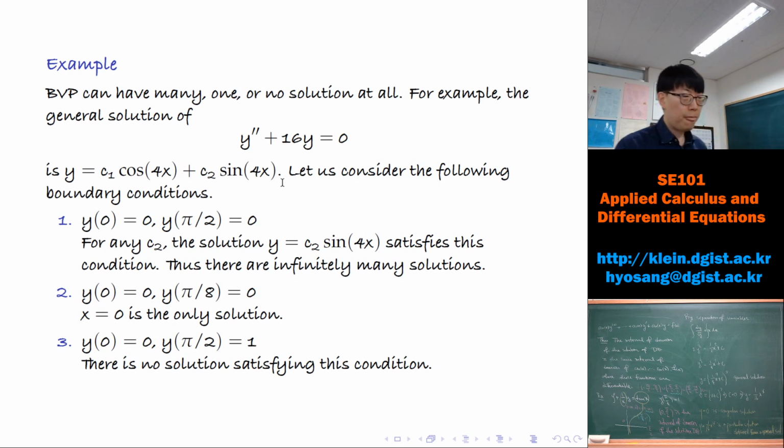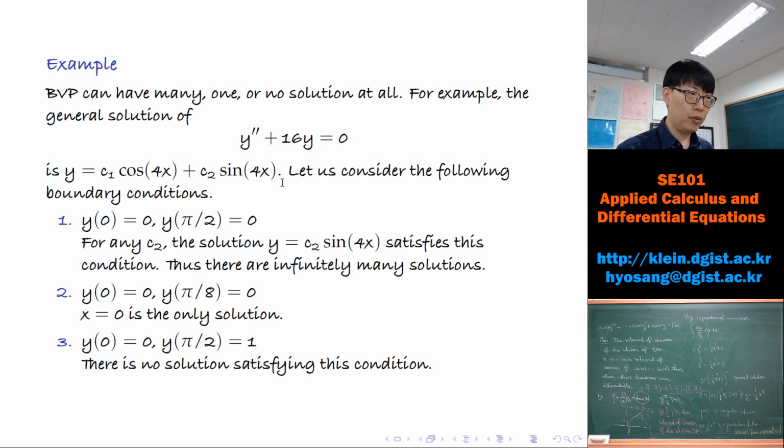For a boundary value problem, you may not have a solution. The boundary value problem and initial value problems are very different in the sense that an initial value problem, with some condition, has a unique solution. Boundary value problems have no such condition guaranteeing a unique solution in general.